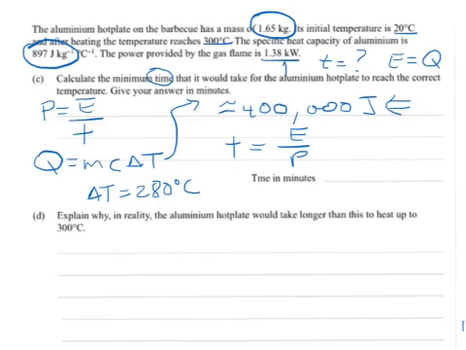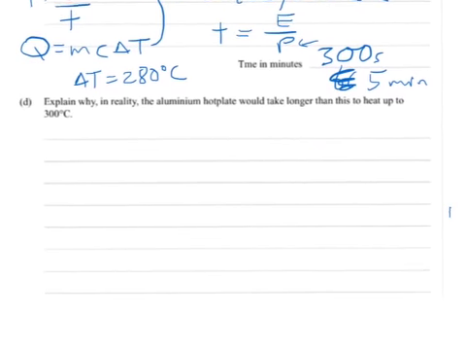Remember, kilowatts is times 10 to the 3, which is 1,000 times, so that's going to be 1,380 is what we plug in place of the power. And when we calculate that out, we end up with around about 300 seconds, which is about 5 minutes.